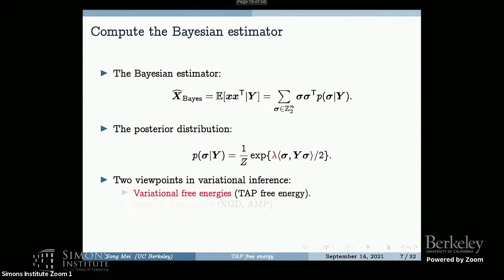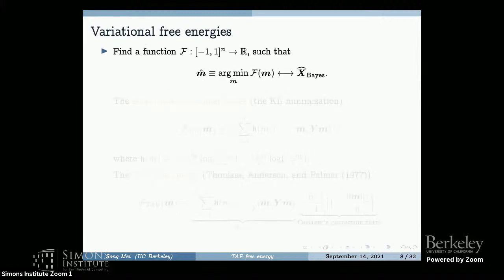There are two points of view: variational free energy and iterative algorithms. The TAP free energy is the correct free energy to think about this problem, and there is the approximate message passing algorithm, which is also standard in the literature. In this talk, I would like to analyze these two objects. What's the TAP free energy?